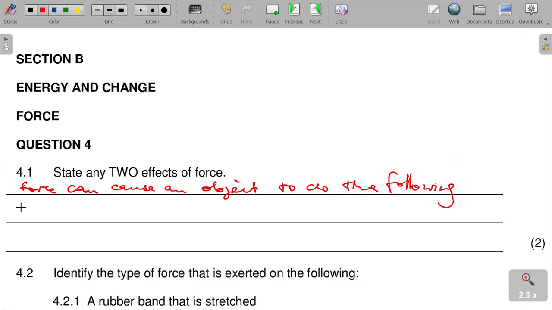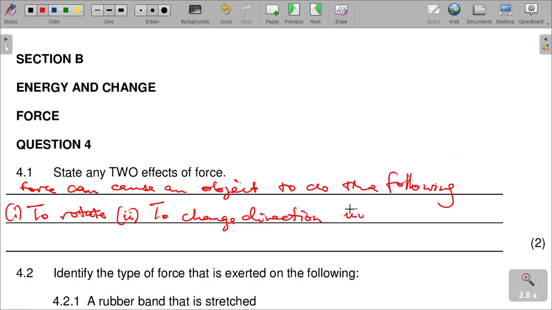One, it can cause an object to rotate. An object can rotate due to force. It can also cause an object to change direction. An object can change direction because of force.